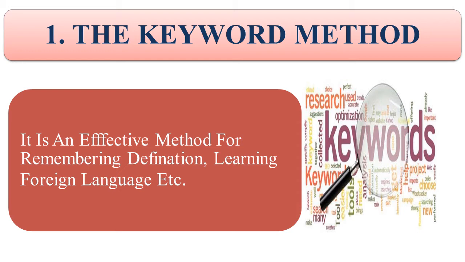For example, in Japanese, KI means tree. A person can remember a similar sounding word like key, K-E-Y, in English, and can remember it as there is a key on the tree.